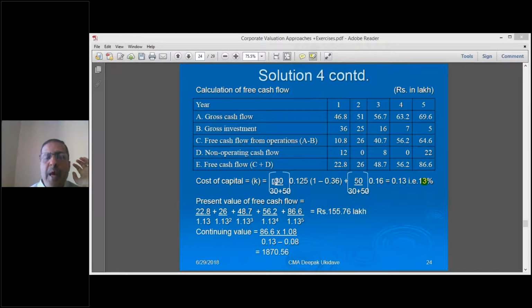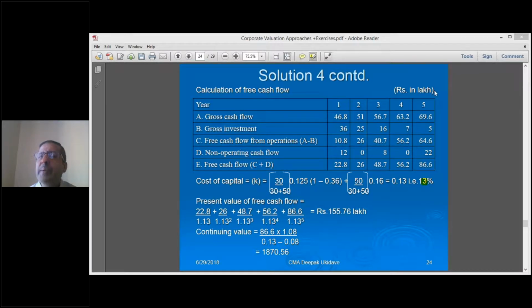So cost of capital is equal to market value of debt 30 into KD 0.125, 12.5 means 0.125, into 1 minus T. Tax rate is 36%, plus KE, cost of equity 16%, into market value of equity 50, upon debt plus equity, 30 plus 50, and you get the answer 13%. So cost of capital comes to 13%. That is WACC, 13%. Have you understood, Purvi?